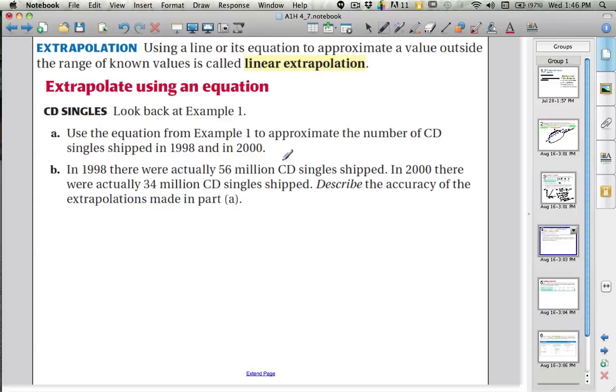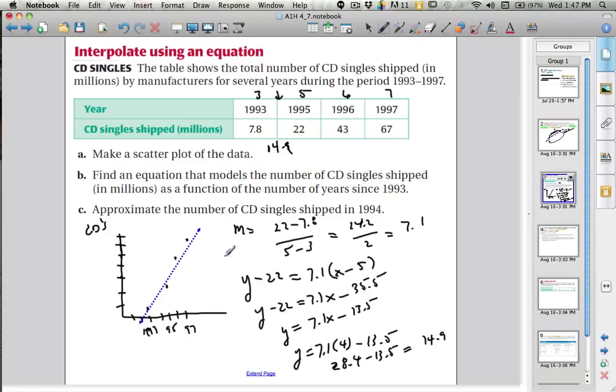So if we go back and look at that same equation, what do we think would happen for the number of singles shipped in 1998 and 2000? Those are going to be 8 and 10 years since 1990, but we're still going to use the same equation. So let's use this equation.